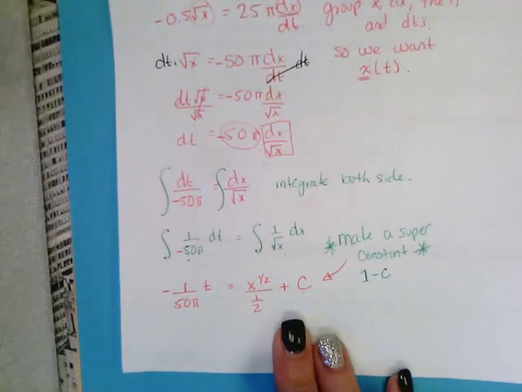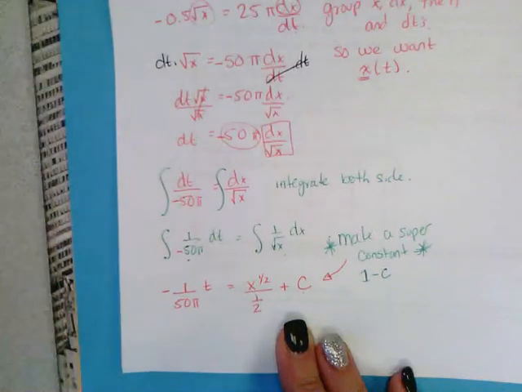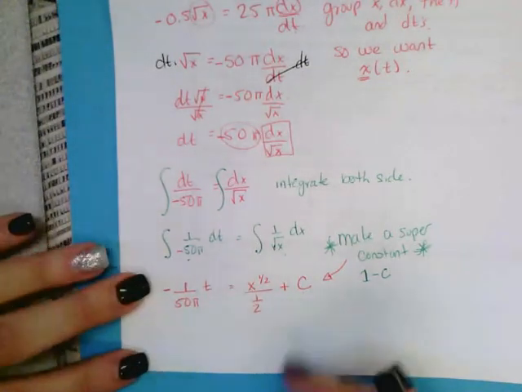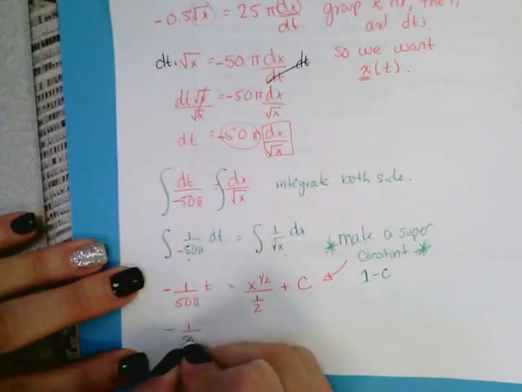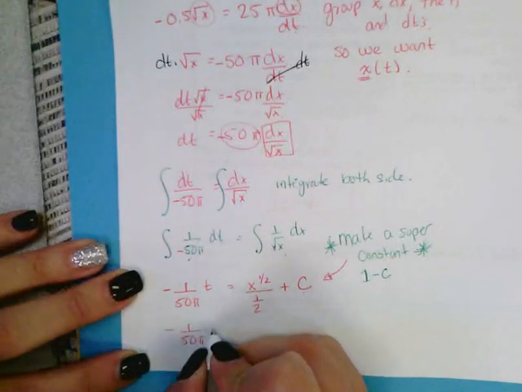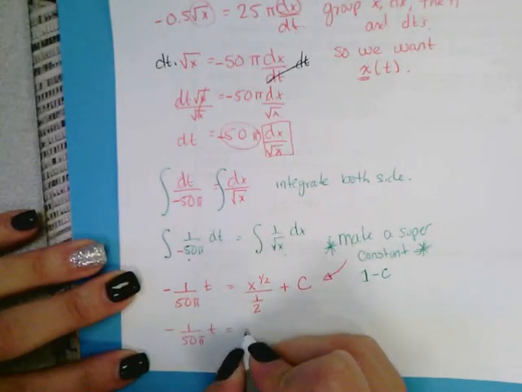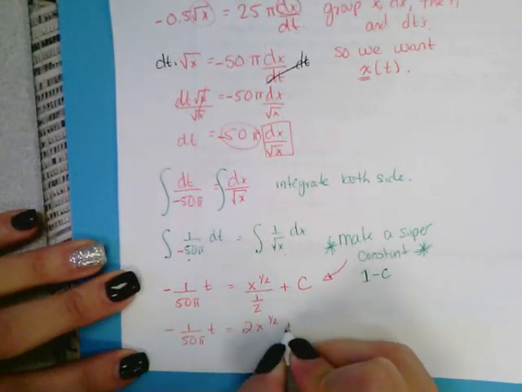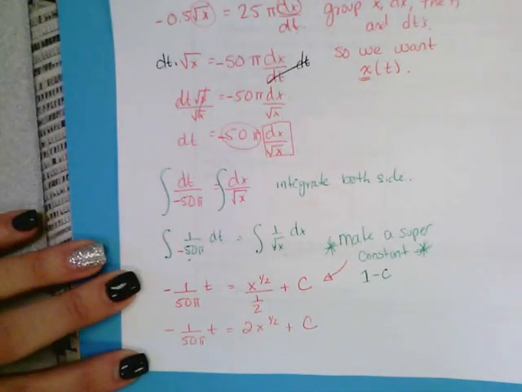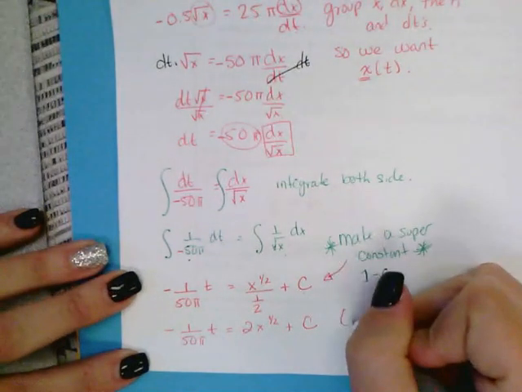And now, basically, we have our problem. Okay? It's negative 1 over 50 pi times t equals 2x to the 1/2 plus c, my super constant. So what were our initial conditions?